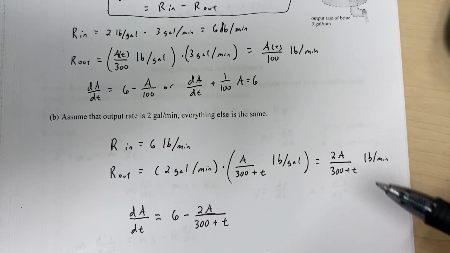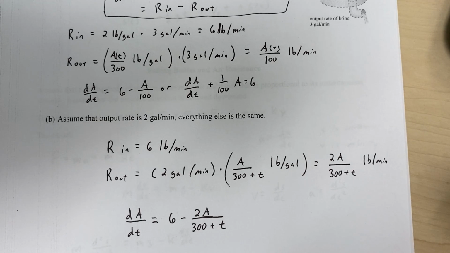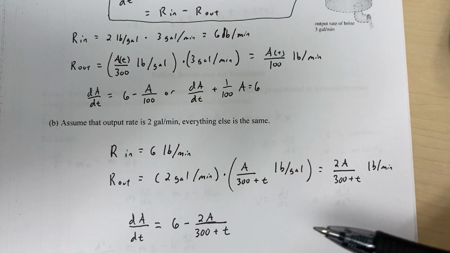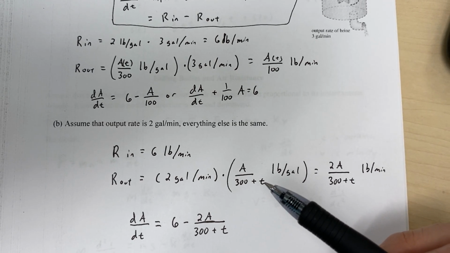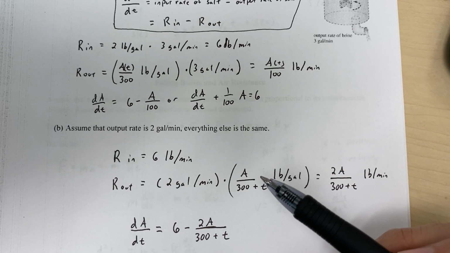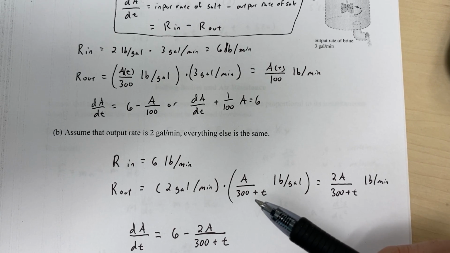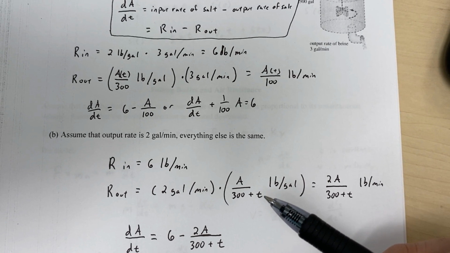That means after 5 minutes, I'm going to have 5 more gallons in the tank, because I'm adding a gallon every minute. So when we have the concentration, our total amount is divided by 300 plus t, where t represents time and also how many extra gallons.